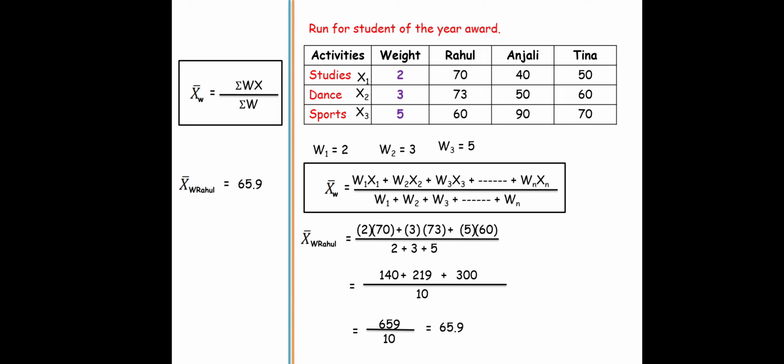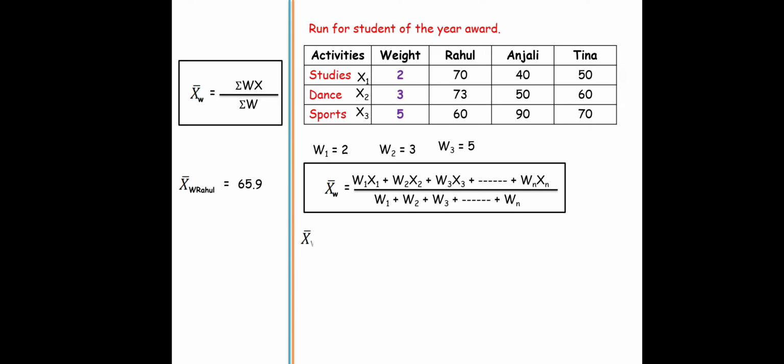Here we have taken into consideration all three activities with different weights: studies got 2 weight, dance got 3 weight and sports 5. Similarly you need to calculate the weighted mean for Anjali. W1 is 2, x1 of Anjali is 40, W2 is 3, x2 of Anjali is 50, plus W3 is 5 into x3 of Anjali, which is 90, divided by W1 plus W2 plus W3, that is 2 plus 3 plus 5.